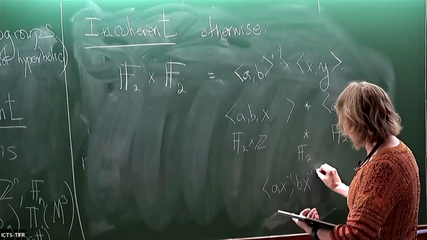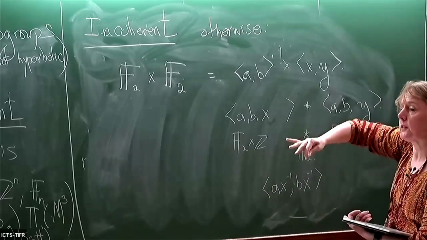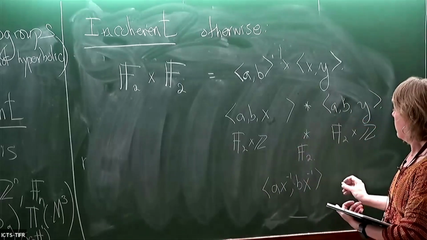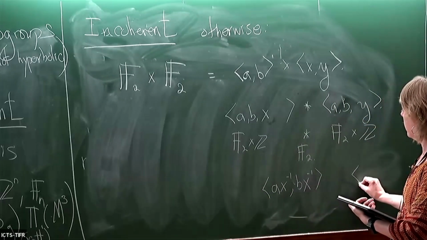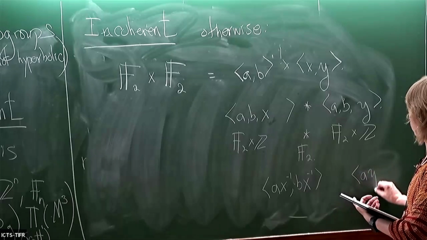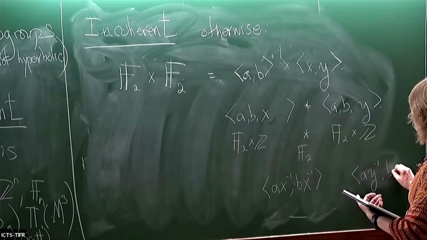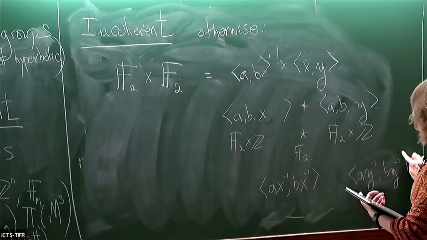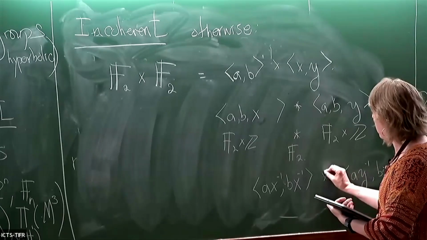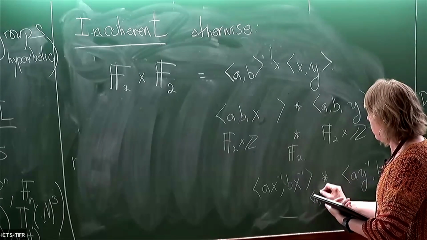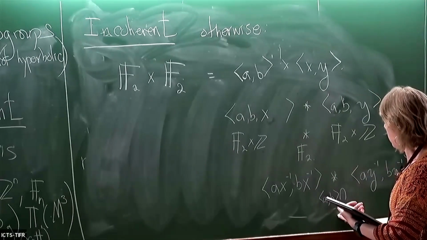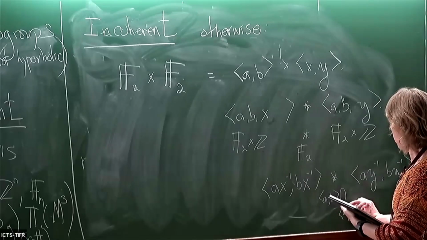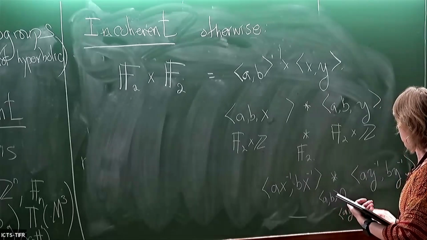That's another fiber: it's like I took the fiber and tilted it by X. So I can look at this subgroup and this subgroup, BY negative 1, and they'll be amalgamated along their intersection, which is AB intersect AY negative 1, BY negative 1.